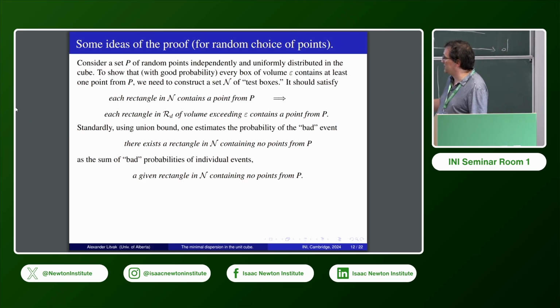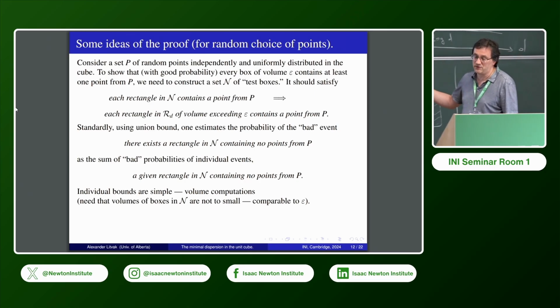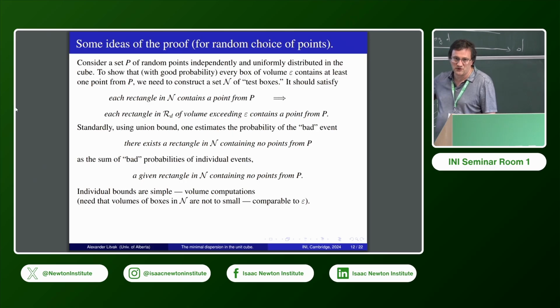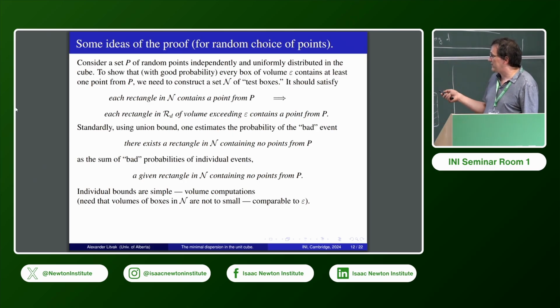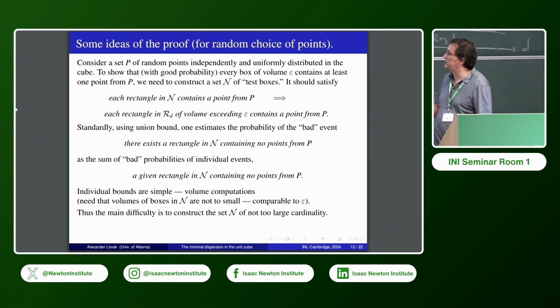What is good about this problem and this setting is that the computation of probability is very simple, because we just need to find the volume of a rectangular box, which is just the product of lengths of sides. So it is very easy. What is not easy is to construct the set of test boxes.